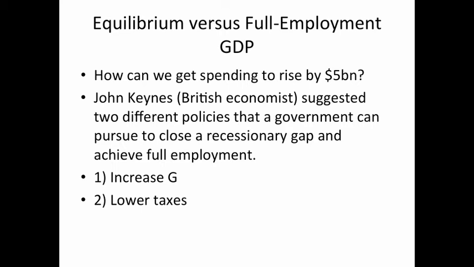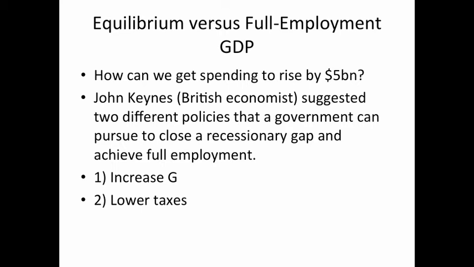So the big question is, how can we get spending to rise by $5 billion? We'll talk a little bit at the end of this presentation about Keynesian economics versus the classical thinking.